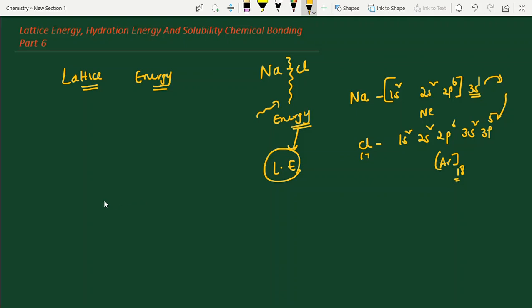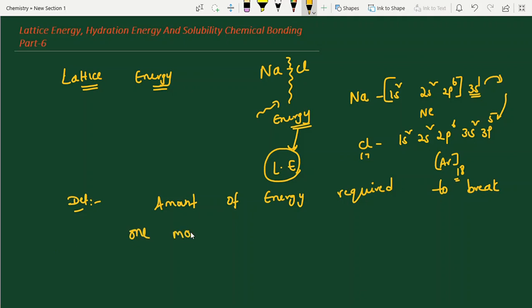Okay, so I am going to write the definition here, students. Amount of energy required to break 1 mole of crystal into individual ions or its constituent ions.